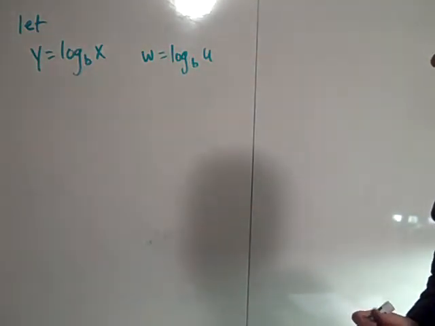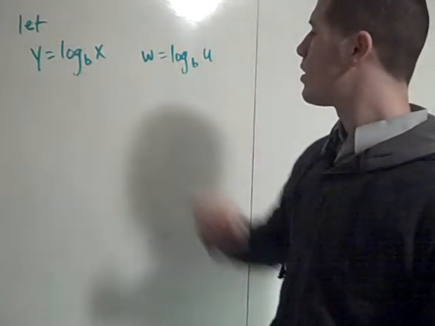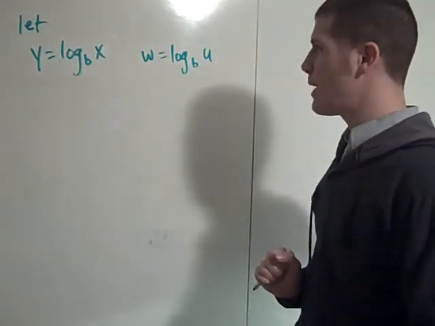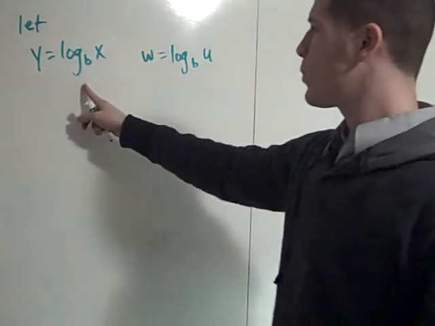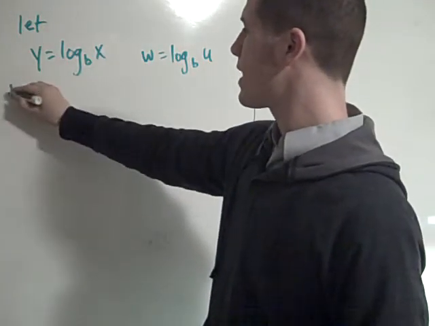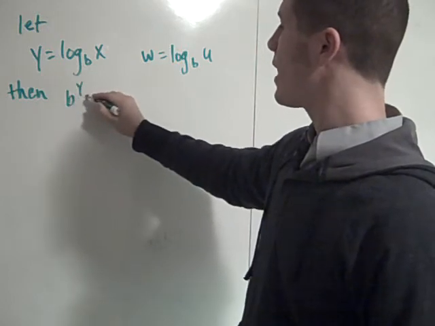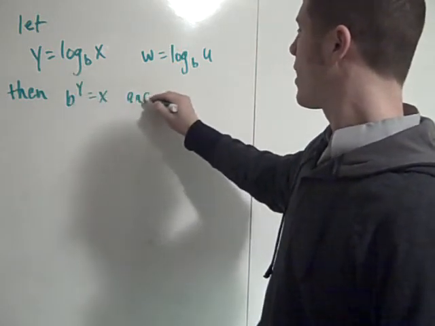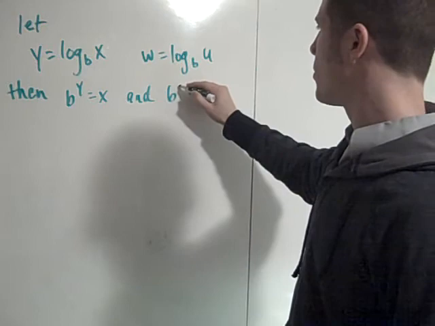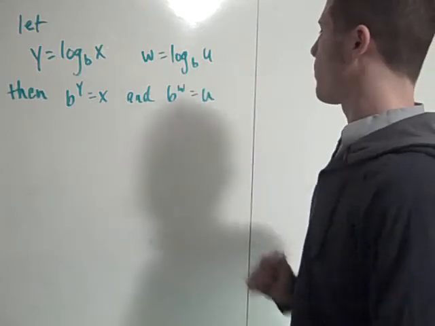Okay, so let's look at the exponential form of these two logarithms. So say then, b to the y is equal to x, and b to the w is equal to u.